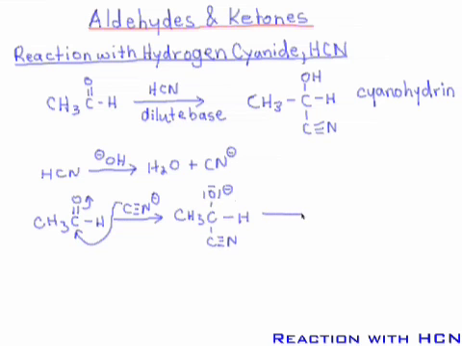So the base can now react with more HCN, and that will liberate more cyanide to go back and react with more aldehyde and generate our cyanohydrin. And this goes back over here. Now, this deprotonation of HCN occurs because the O- group is extremely basic.